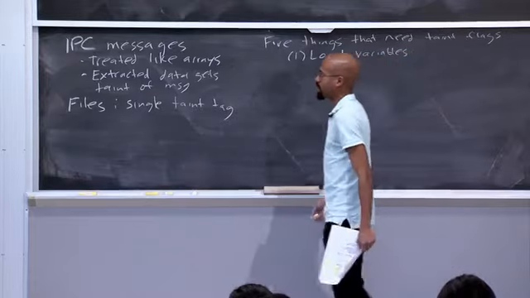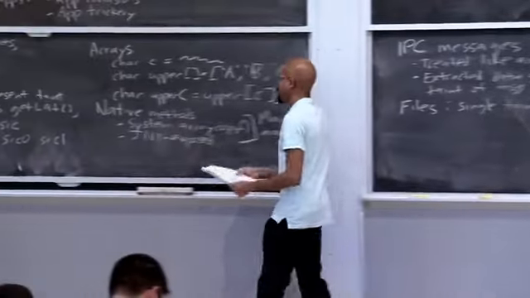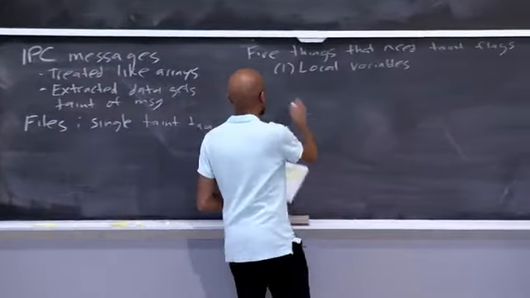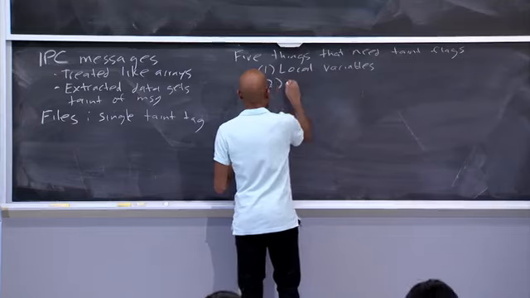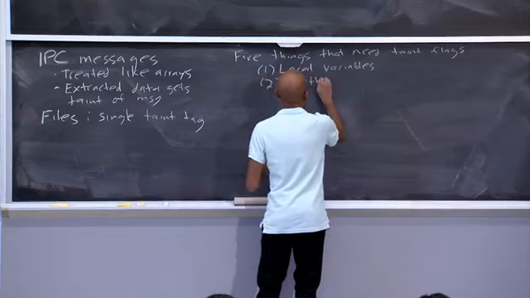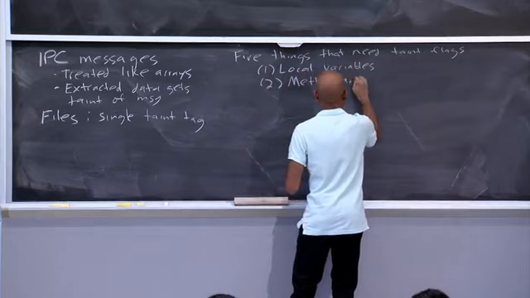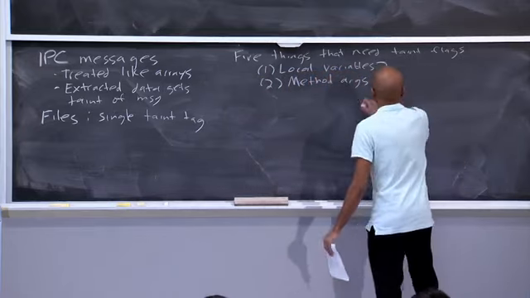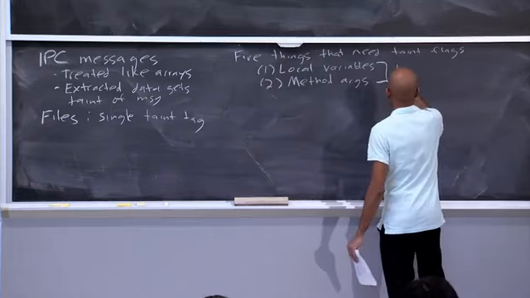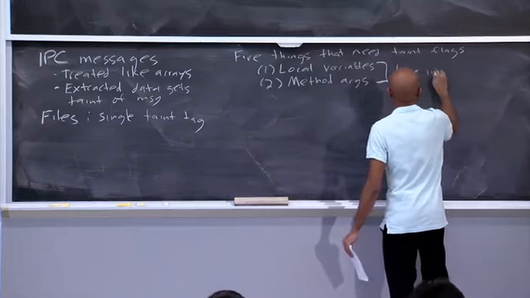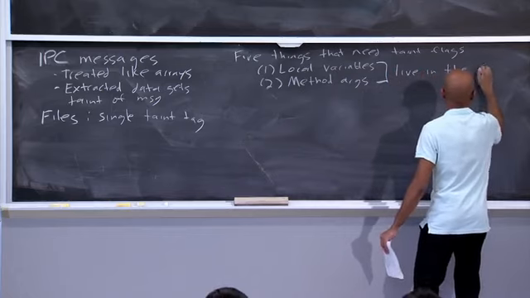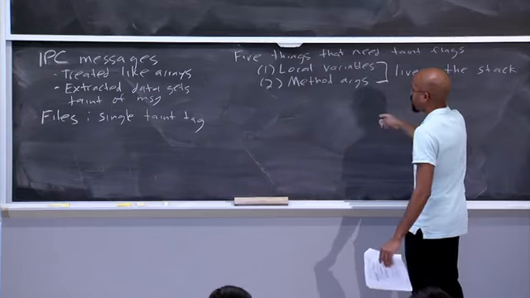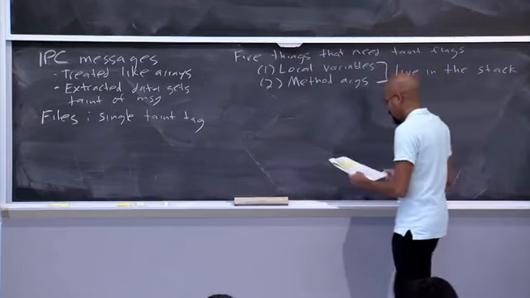You can imagine, like back over here, a local variable, char c, for example. So we have to assign taint flags to those things. You can also imagine that method arguments need to have taint flags. Both of these live in the stack. So TaintDroid has to keep track of assigning flags for those types of things.